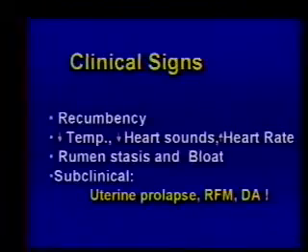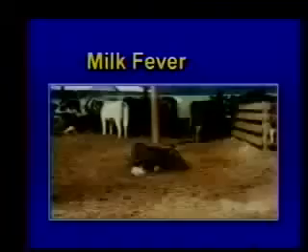But these cows, whose calcium concentration is below 8 yet don't present with the clinical form, are predisposed to prolapse of the uterus, retained fetal membranes, displacement of the abomasum, metritis, and also maybe even some ketosis. So remember that there is a subclinical component.